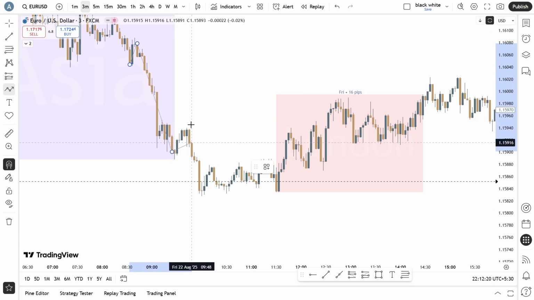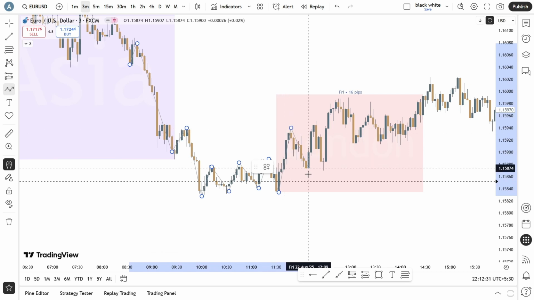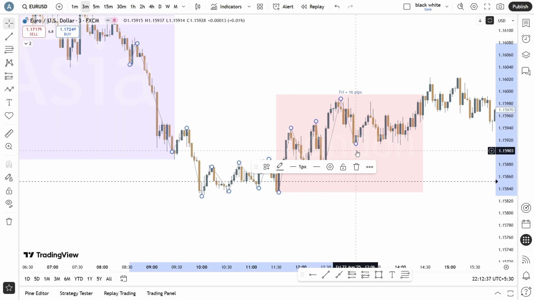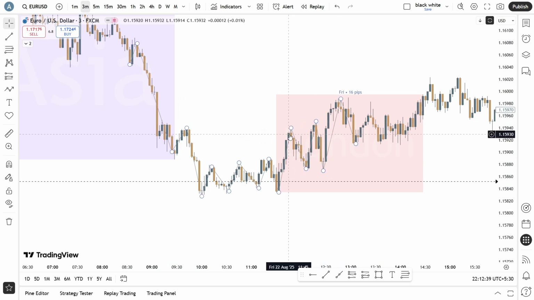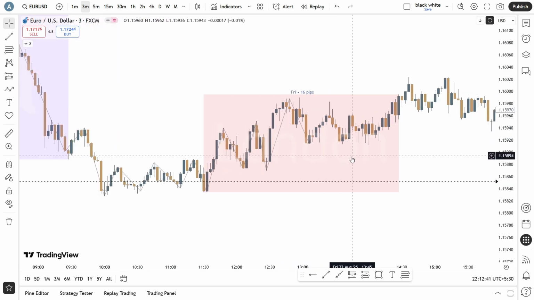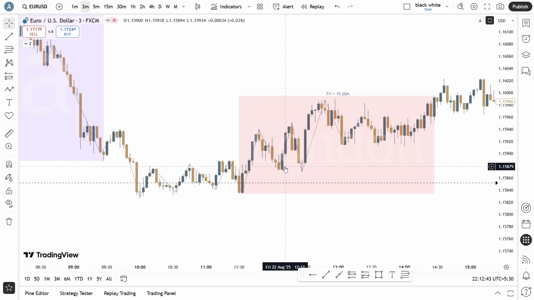Then the price started to accumulate. And then we took liquidity of this leg over here, and the price moved higher. We took liquidity again, and then it moved higher. Though it seemed a simple move that we are exactly moving higher, taking liquidity.